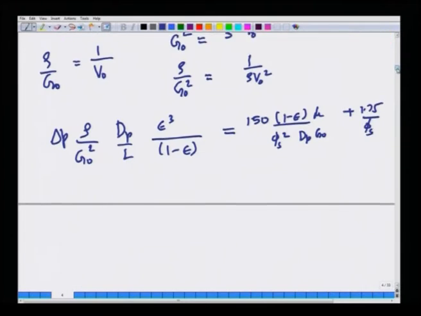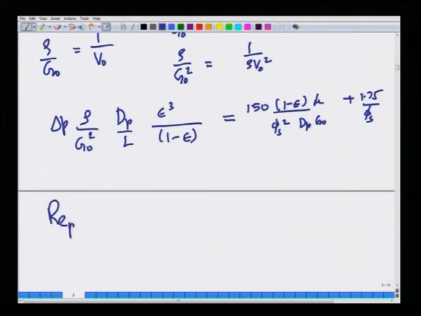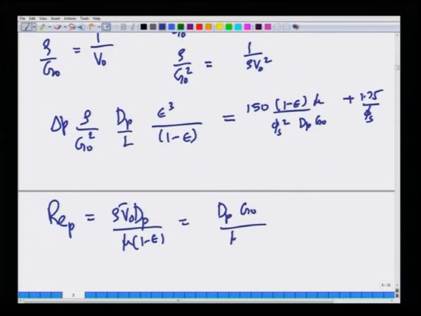Okay. Now, if you define the Reynolds number based on particle as rho V naught dP divided by mu times 1 minus epsilon, this becomes dP G naught by mu times 1 minus epsilon. So, this is essentially 1 over REP. Okay. So, you can rewrite this expression.